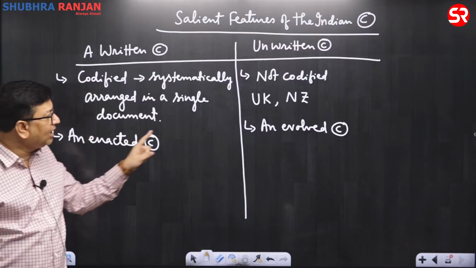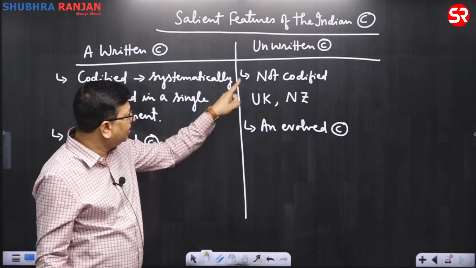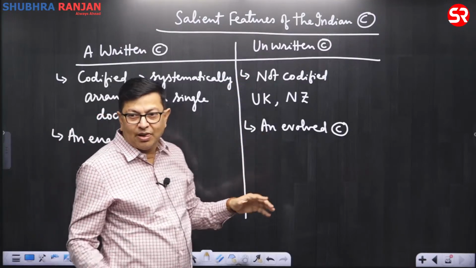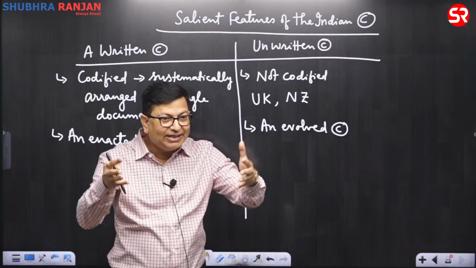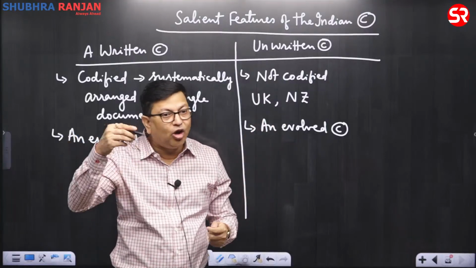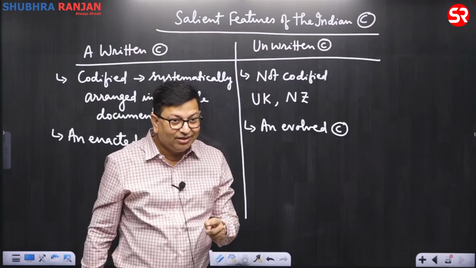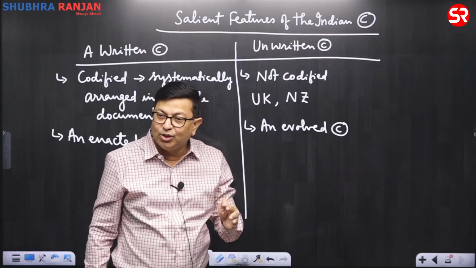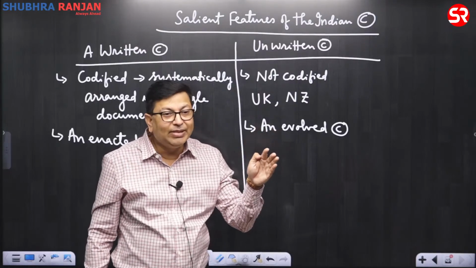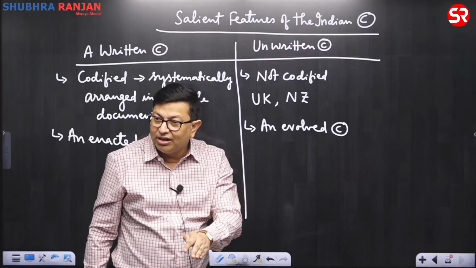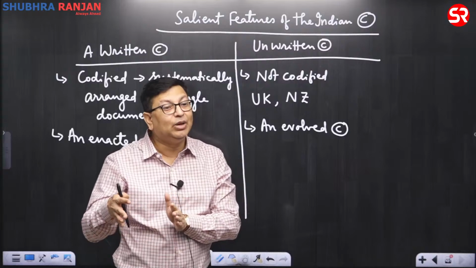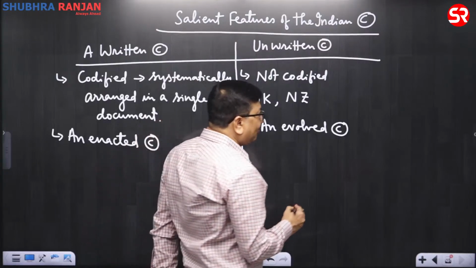But when we talk about an unwritten constitution, it is an evolution. At one point of time, it is not that the people sat down and wrote all the laws, but some laws were made 200 years earlier, some were made later 50 years later on, 100 years later on, and they are continuing even today. Here you can write the example.